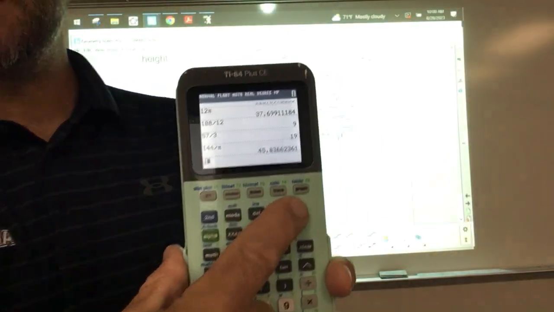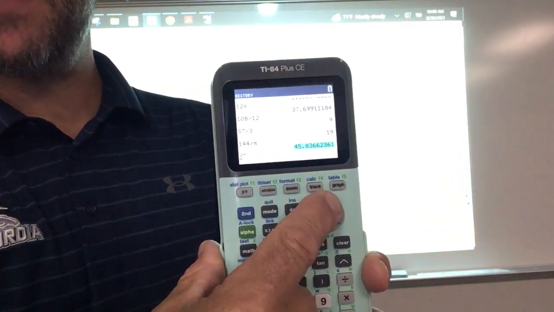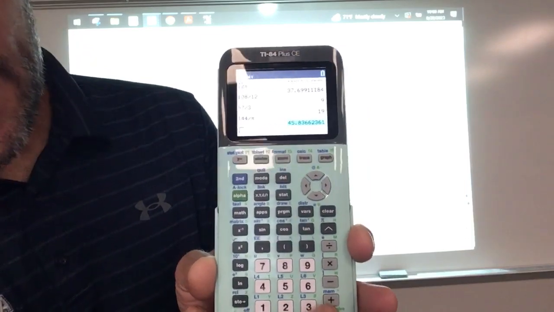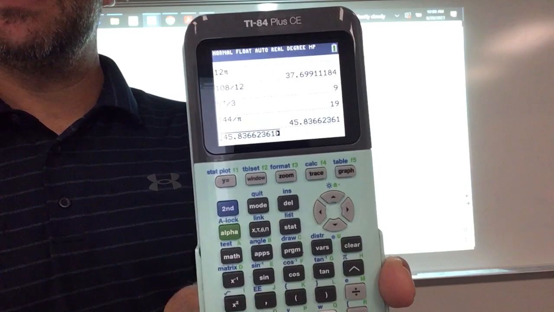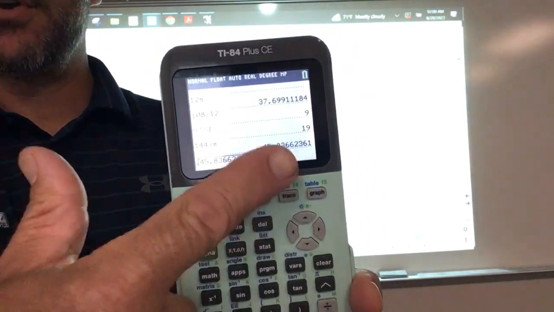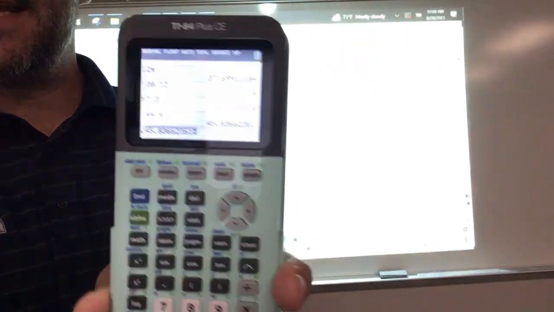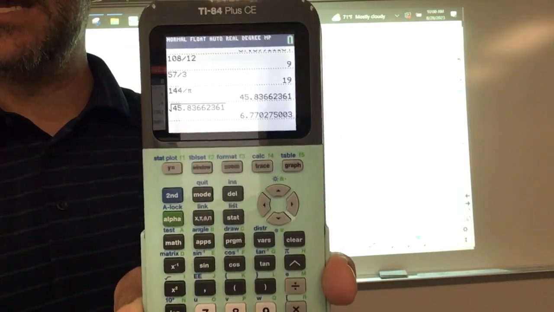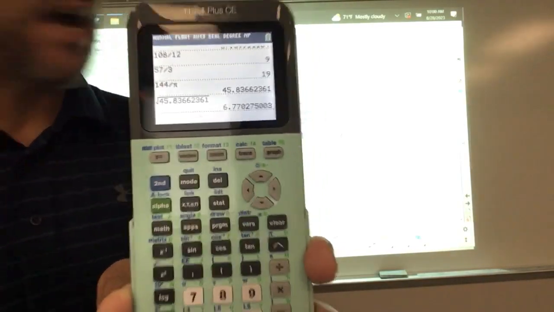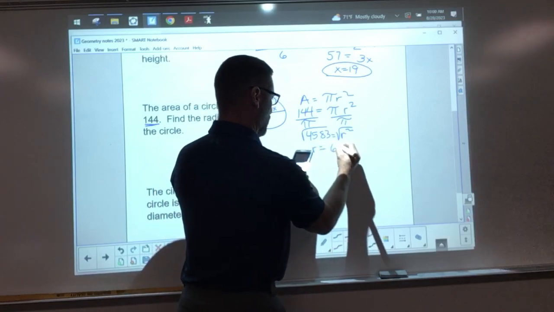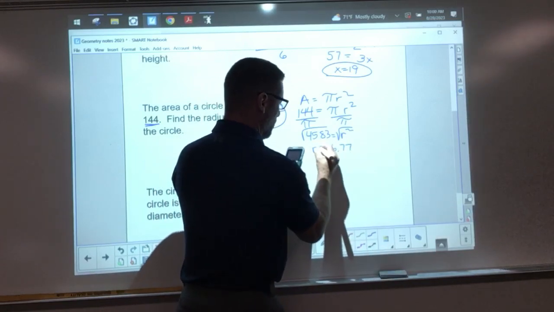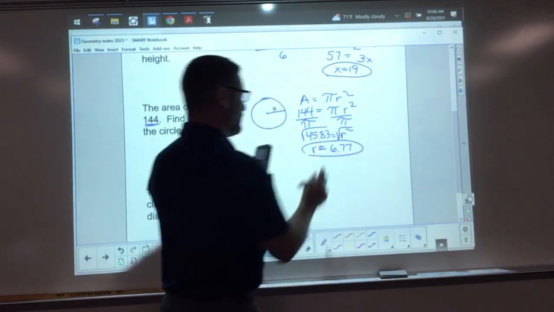Then I can use these arrows to go up to that problem, hit enter, and it will bring that big long decimal down to the next. That is a very accurate answer, and I can get a very good approximation of what the r is. So my r value is 6.77, and I should put approximately 6.77 for my radius.